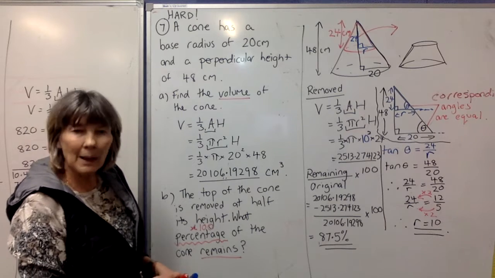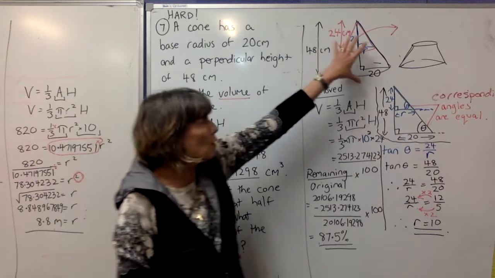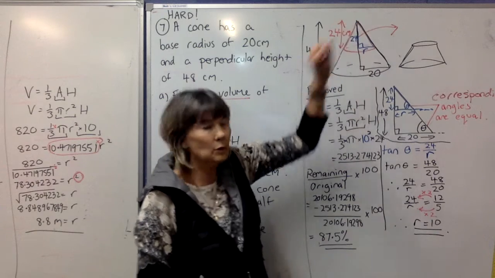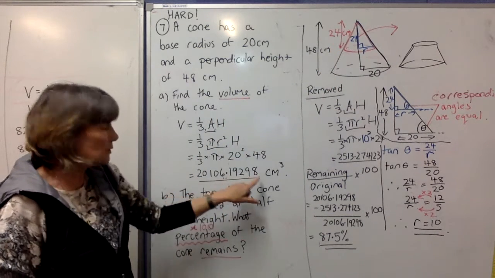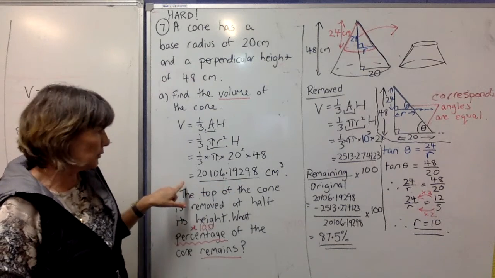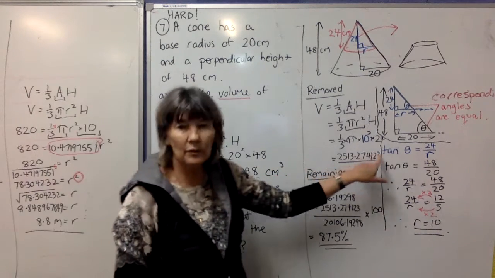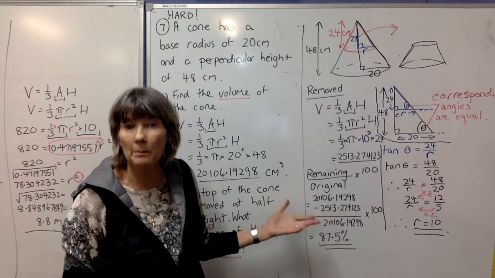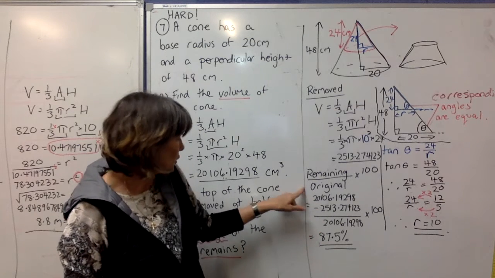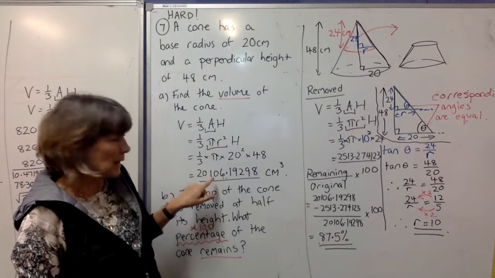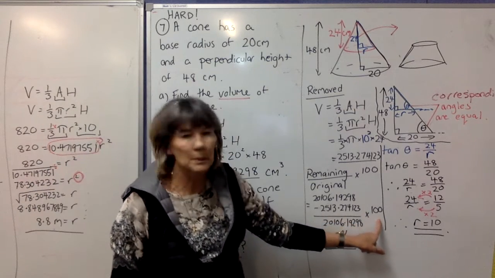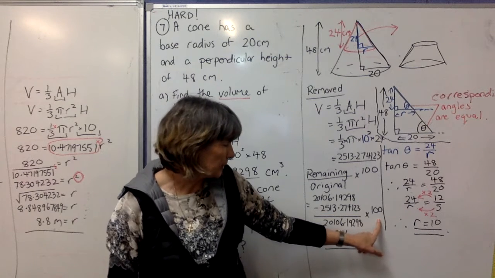The part that remains is the whole volume of this cone minus the volume of the little cone. So that was the volume of the whole big cone. This is the volume of the little cone. So we're going to subtract those to find what remains. The original is the big one that we started with here, so that's going on the bottom, and then we're going to make it a percentage by timesing by 100.